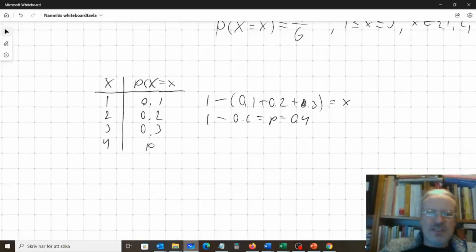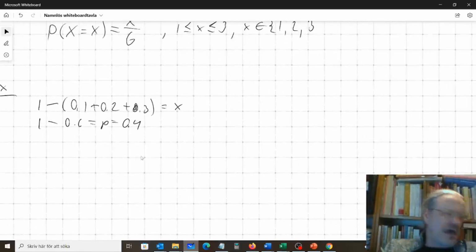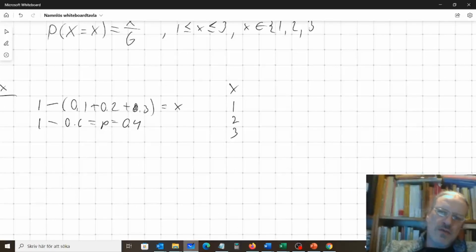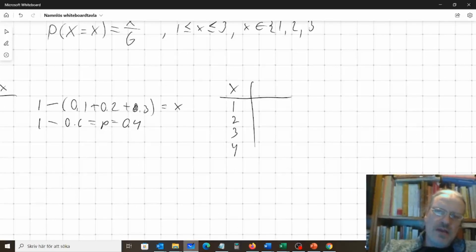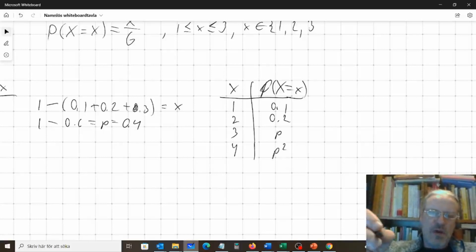So that is a quite straightforward example. But we could have a slightly more complicated example. So say we have x again, could be, say, 1, 2, 3, or 4. And the probability that capital X equals small x is, say, 0.1 again, so 10% for 1, say 0.2, or 20% for 2, p for 3, and p squared for 4.